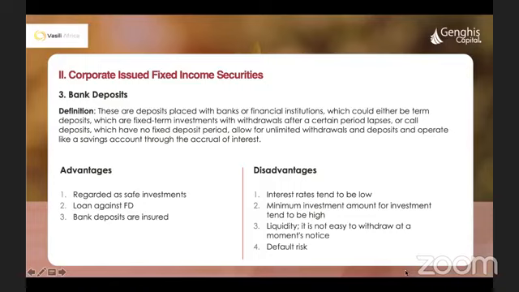Disadvantages: majorly, the interest rate tends to be very low. Minimum investment tends to be very high. If you have, for example, 100,000 Kenya shillings, banks will not even pay attention to you. But you can get a commercial paper where you can bid with a minimum investment of 100,000 Kenya shillings.